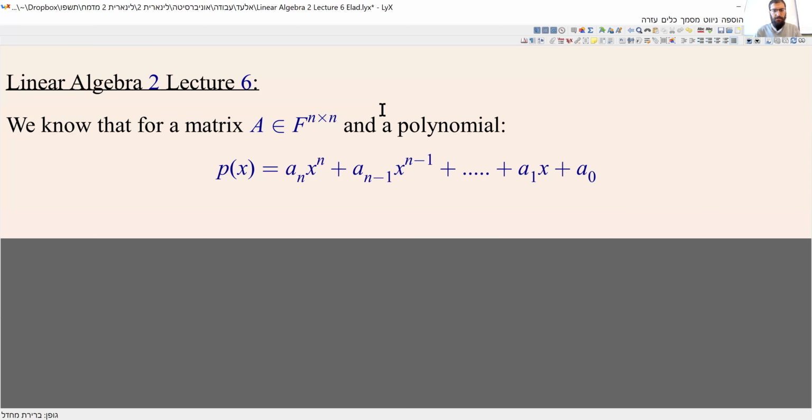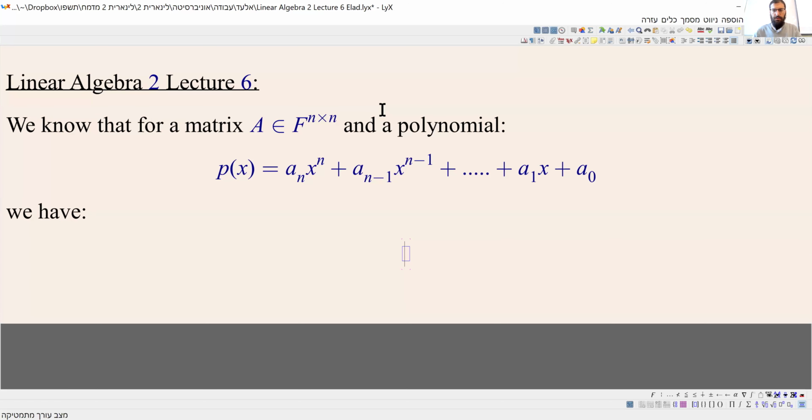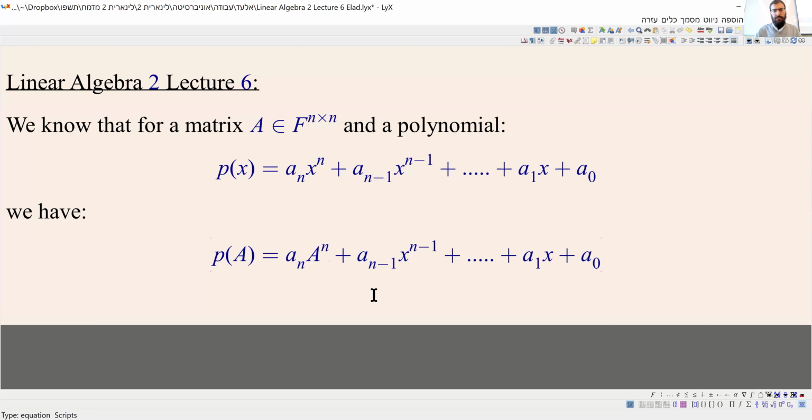We have that the polynomial, when we put A in it, is A instead of x, A instead of x, and the only difference is that we multiply the free coefficient with the identity matrix I.